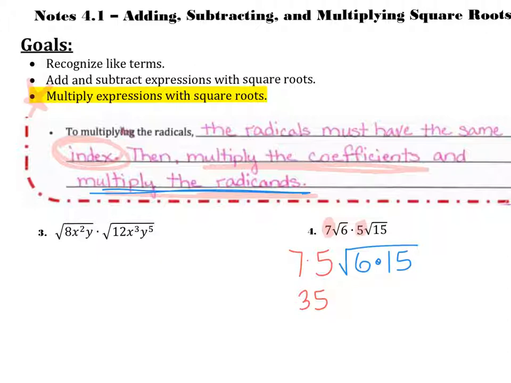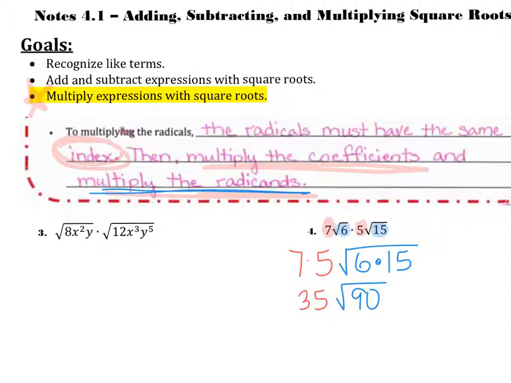That's these two numbers right here. I should probably use a highlighter on that one. Okay, so we're looking at the 6 and the 15. And if I multiply those two together, we are going to have 90 underneath our square root sign.